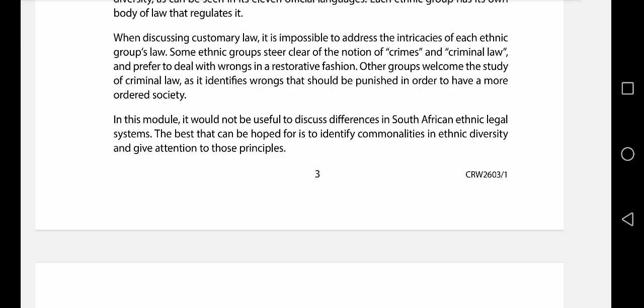In this module, it would not be useful to discuss differences in South African ethnic legal systems. The best that can be hoped for is to identify commonalities in ethnic diversity and give attention to those principles.